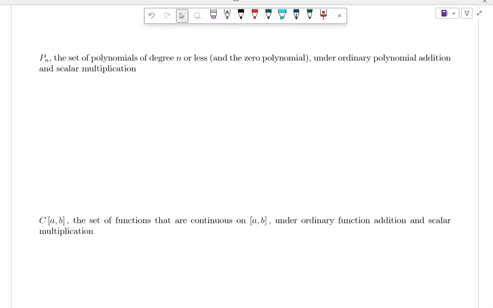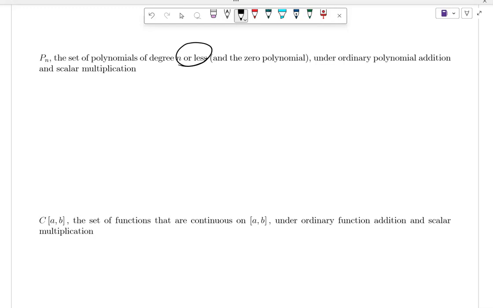Okay? All right. Why do I say degree n or less? Why do I need the "or less" part here? Why can't I just say polynomials of degree 2? Because a polynomial always starts with the highest degree and goes down.